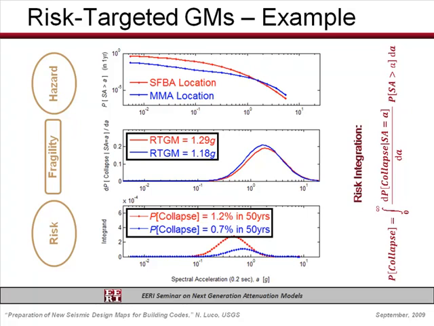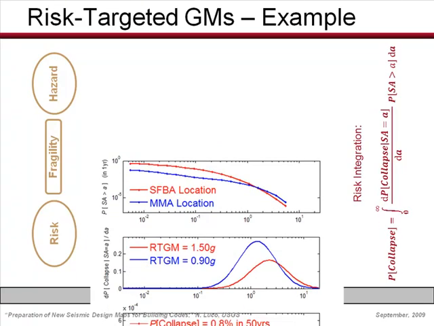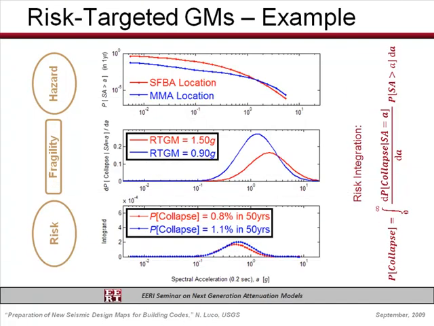Dropping the risk in San Francisco means that we probably need to bump up our design ground motions a little bit. Allowing our risk to get higher in Memphis means we can actually drop our risk-targeted ground motions a little bit in Memphis. So let's try, in this next one, risk-targeted ground motions of 1.5 in San Francisco and 0.9 in Memphis.